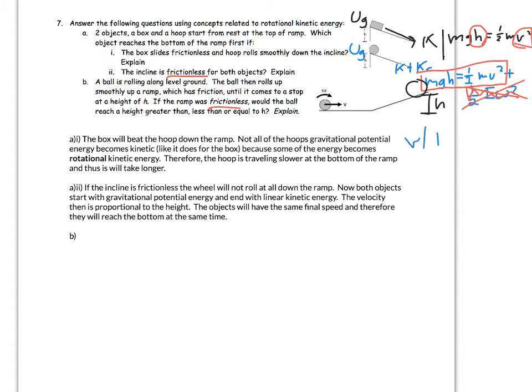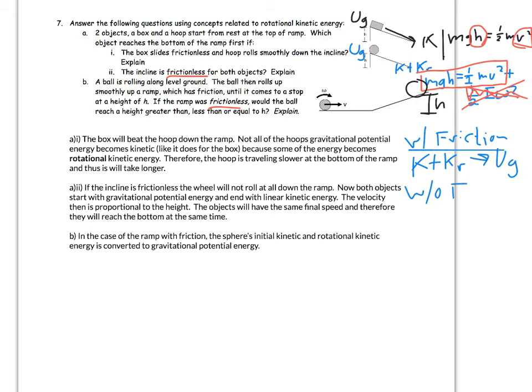In the case of the ramp with friction, we have kinetic energy and rotational kinetic energy being transferred into gravitational potential. In the case of the ramp without friction, there's not going to be any torque in order to change the rotational speed of our object. That's what friction does.